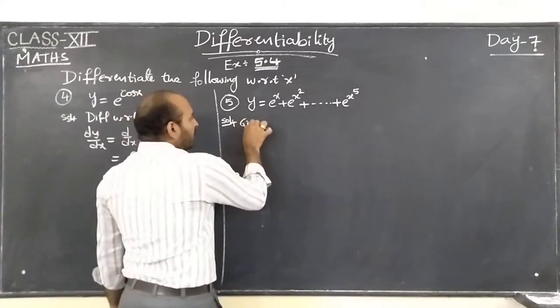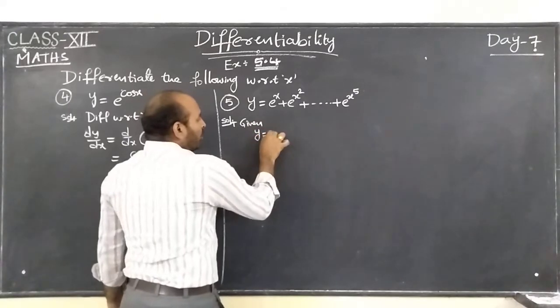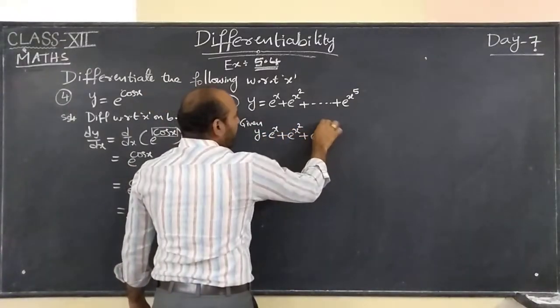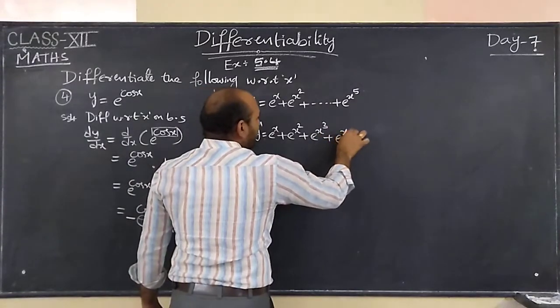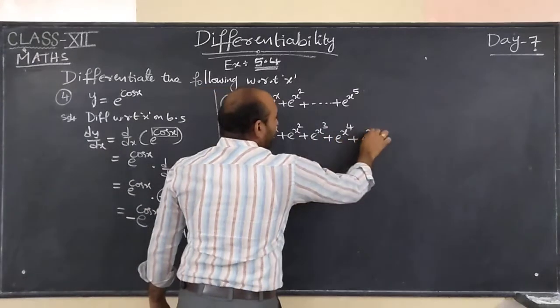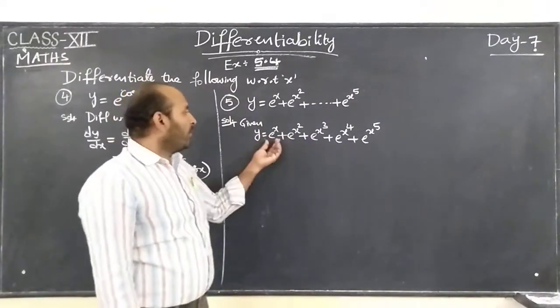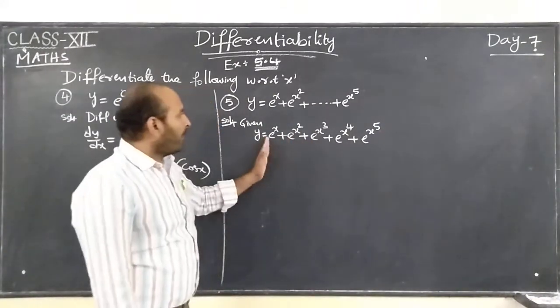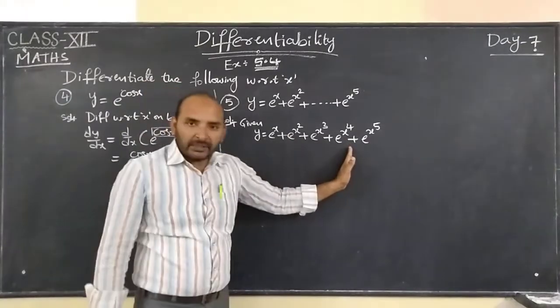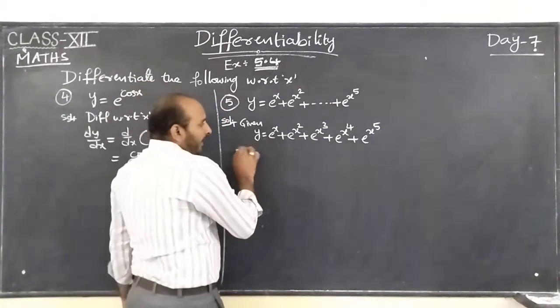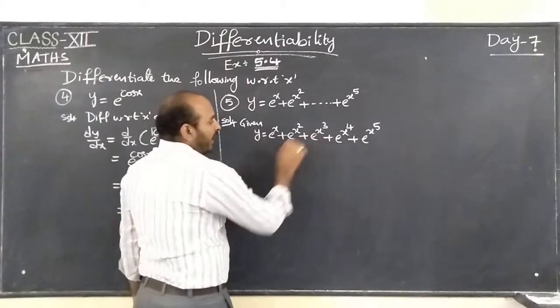Given that y is equal to e power x plus e power x square, e power x cube plus e power x power 4 plus e power x power 5. So total 5 terms, a sum of exponential functions. Apply differentiation with respect to x on both sides.